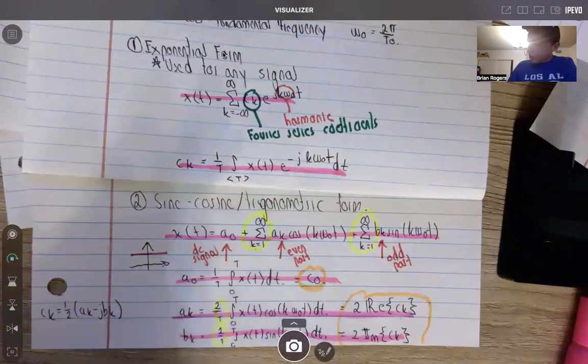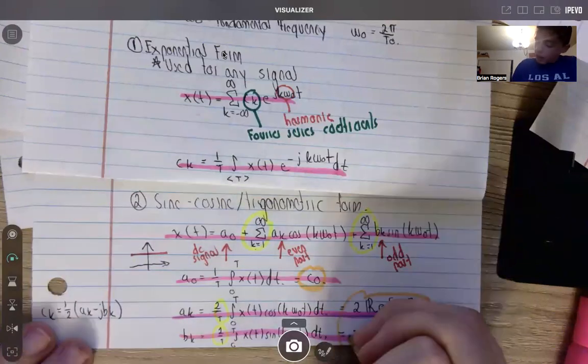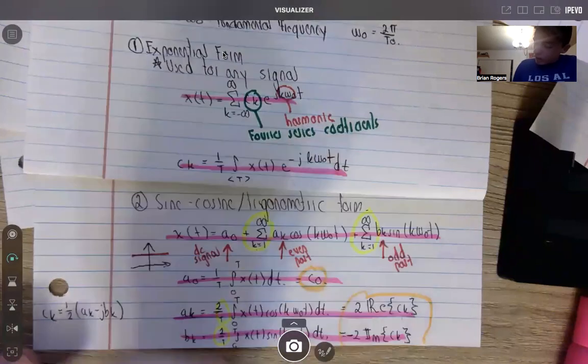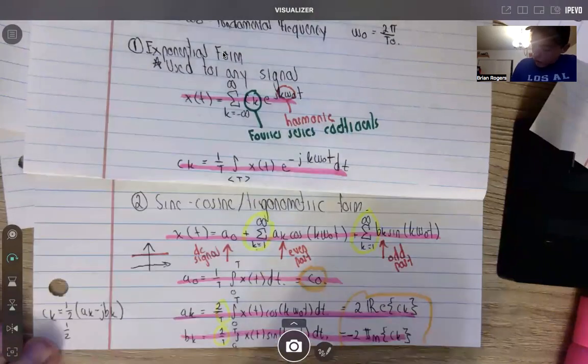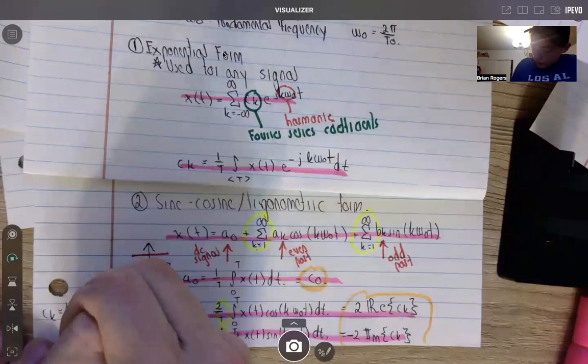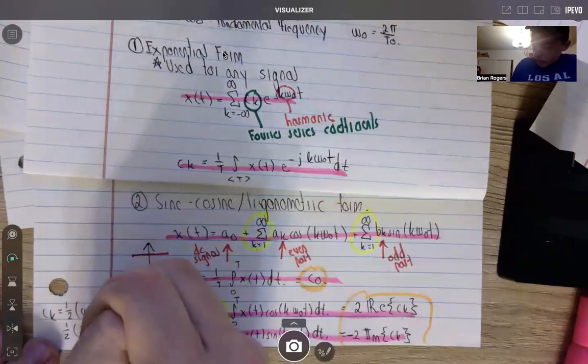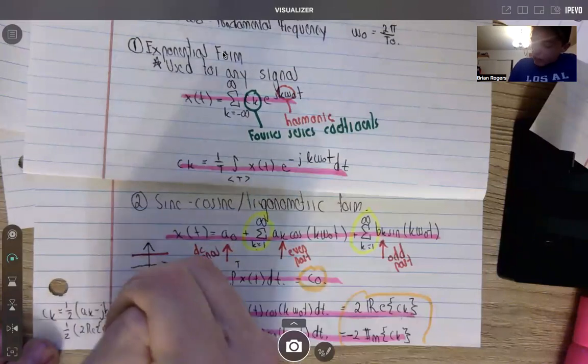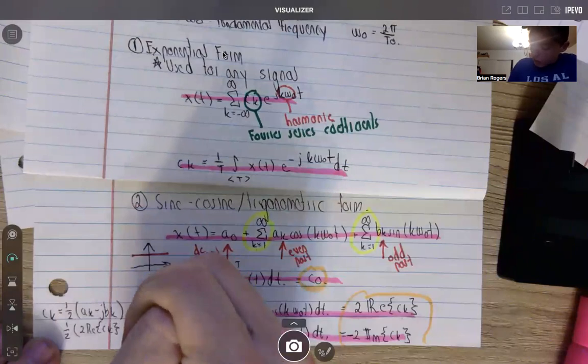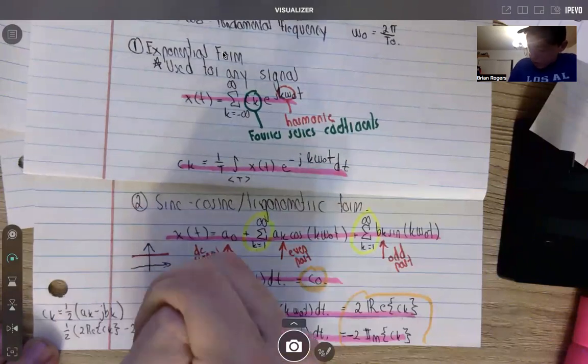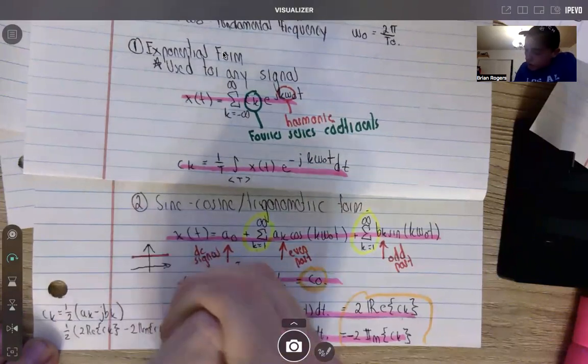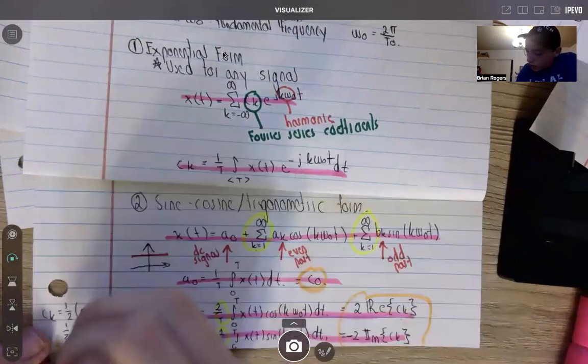Oh, sorry, I forgot a minus here. So then if you substitute this in, this would be 1/2, and then it'd be 2 times the real part of C of K minus 2 times the imaginary part of C of K. Right? And so this 2 would cancel the 2 here and the 2 here.